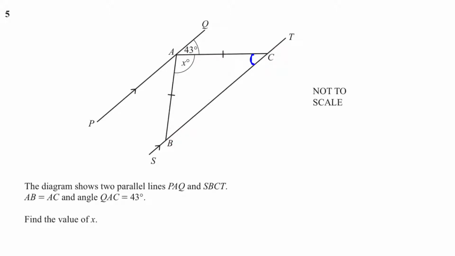This will be 43. So you will write angle QAC equals angle ACB, which is 43, because alternate angles are equal.